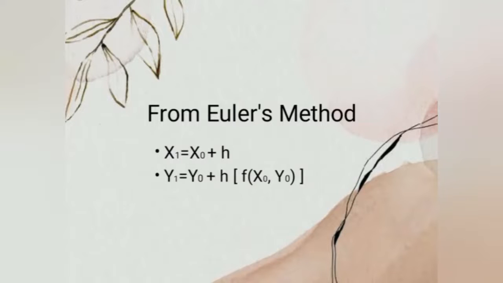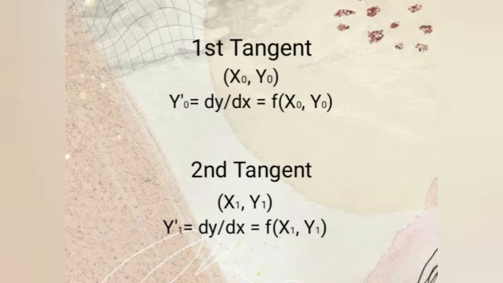From the last topic about Euler's method, this is the formula: x sub 1 is equal to x sub 0 plus h, and y sub 1 is equal to y sub 0 plus h times the function of x and y sub 0. In the modified Euler's method, we have the function of the two tangents.